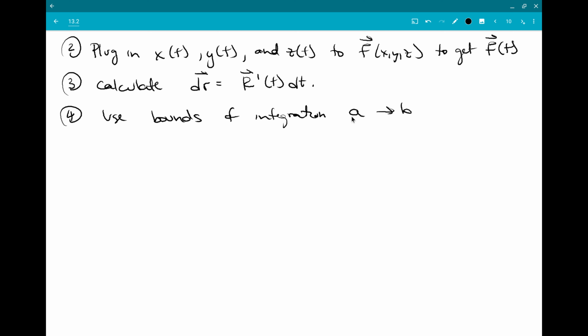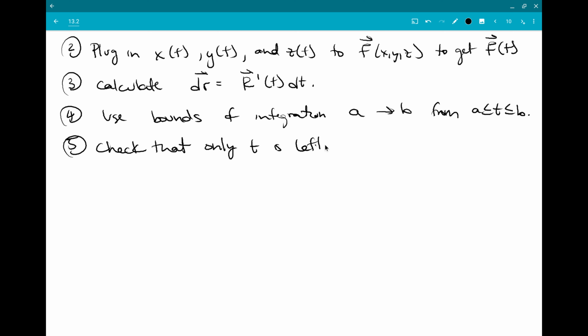And you're going to use bounds of integration a to b from your bounds for t, a less than or equal to t less than or equal to b in the parameterization. And then we're going to check that only t is left in the integral. I know it's silly that I write this as a step, but it's important.